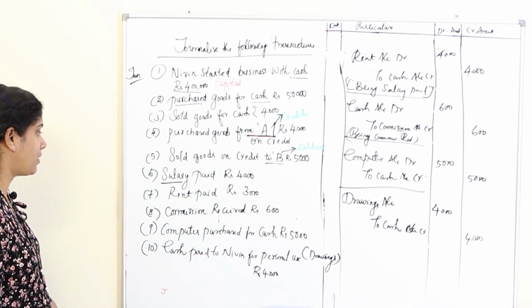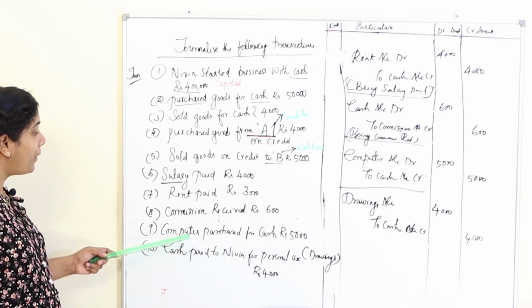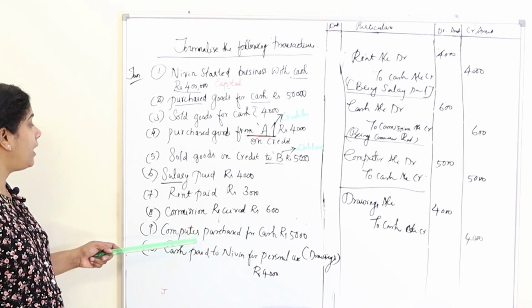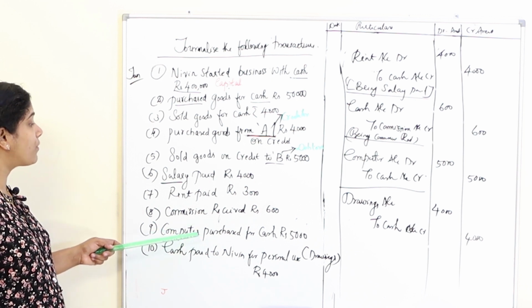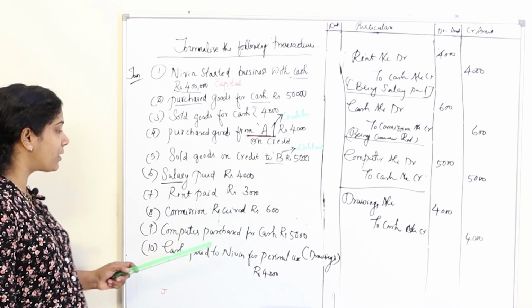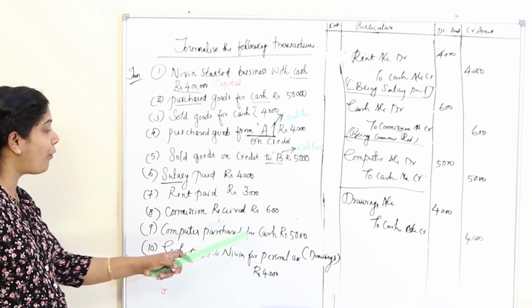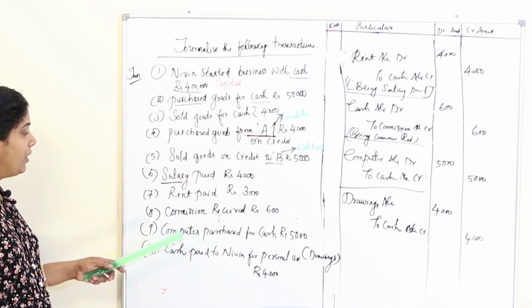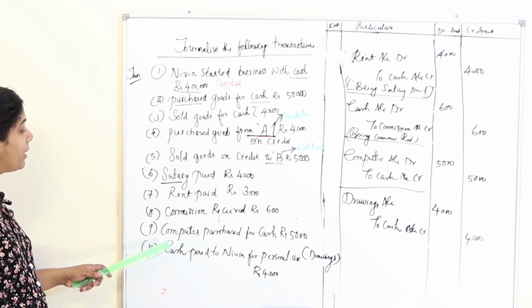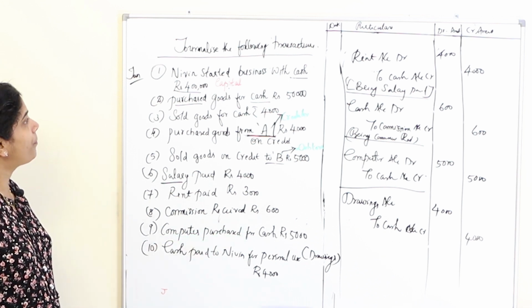Here computer purchased for cash: if it were purchased for the purpose of selling, you would debit purchase account only, but here the computer is purchased for office use, it is your asset, so we have to debit the concerned asset. So computer account debit to cash account.